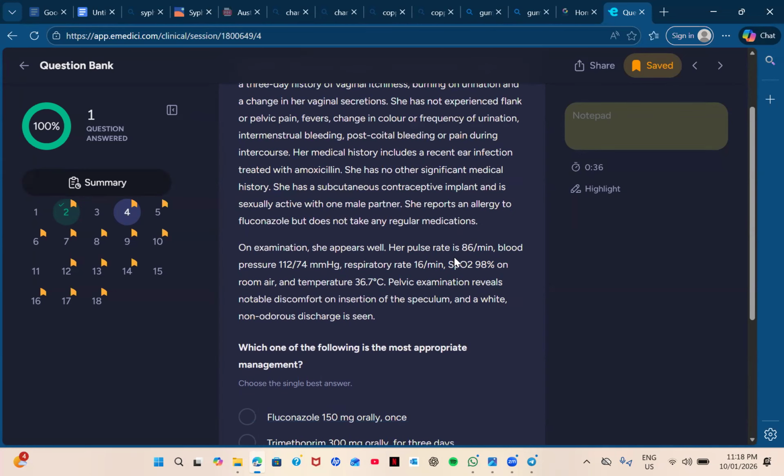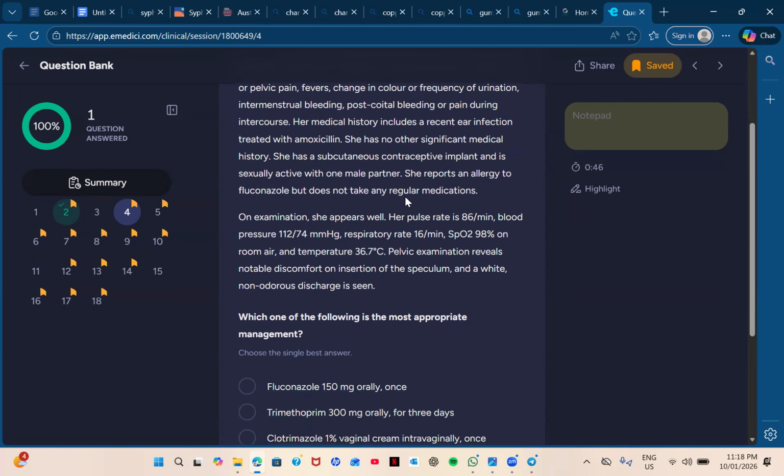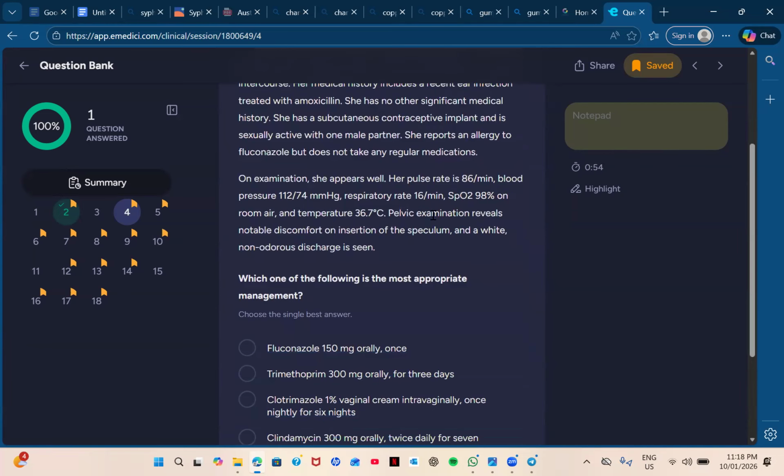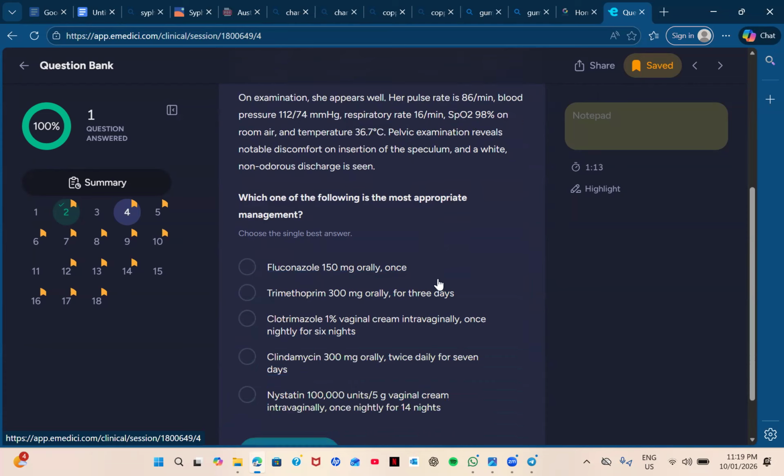She has no other significant medical history and she has a subcutaneous contraceptive implant and is sexually active with one male partner. She reports an allergy to fluconazole but does not take any regular medications. On examination, she appears well with pulse rate 86, blood pressure 120 by 74, respiratory rate 16, SpO2 98, temperature 36.7. Pelvic examination revealed notable discomfort on insertion of the speculum and white non-odorous discharge is seen.